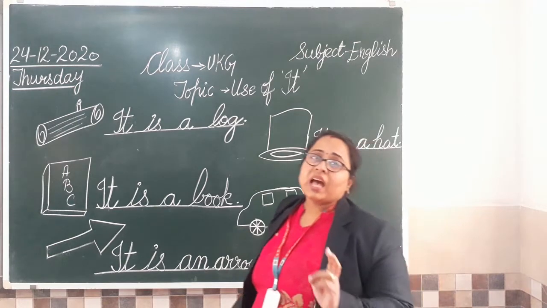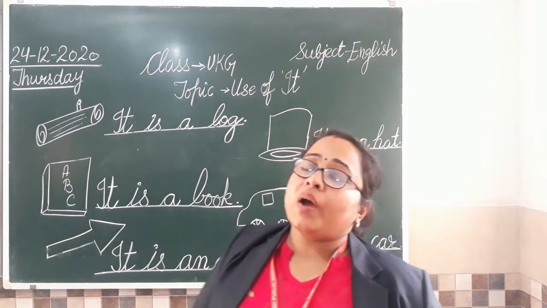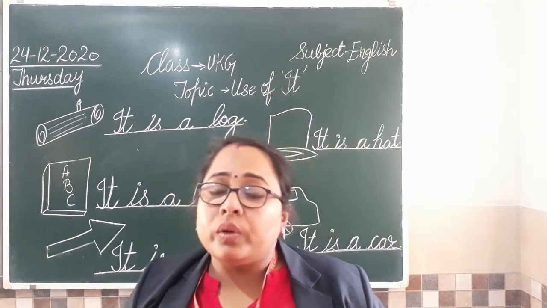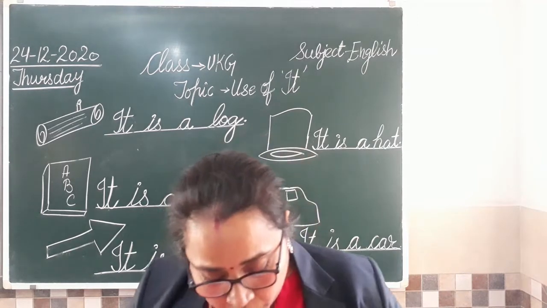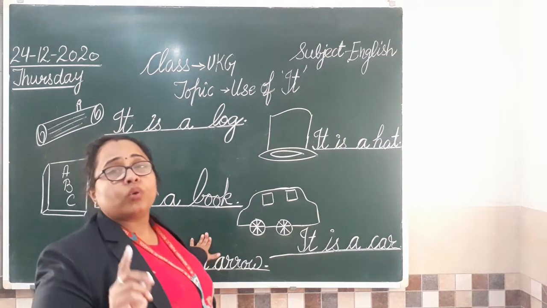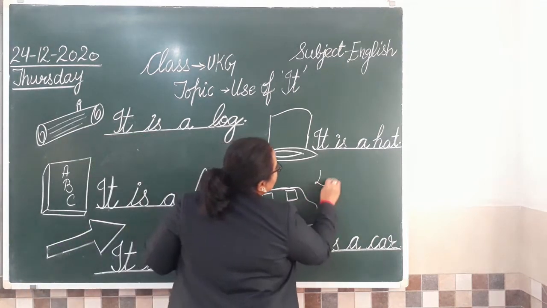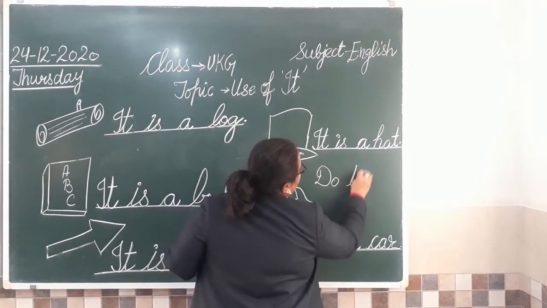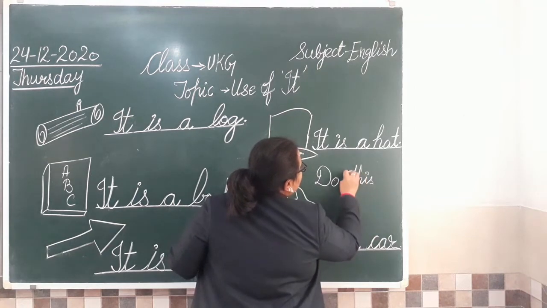Clear? Let's have a practice in the notebook to understand it more clearly with some more examples. Okay? So all of you open your notebook and we will see how to do this work in notebook. So this work to be done in notebook.